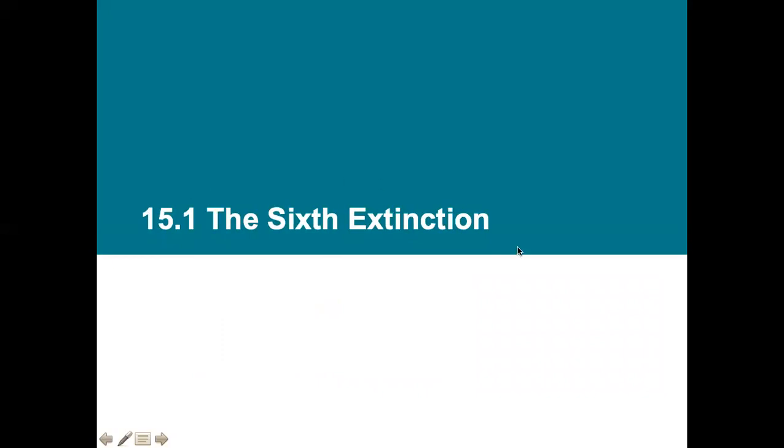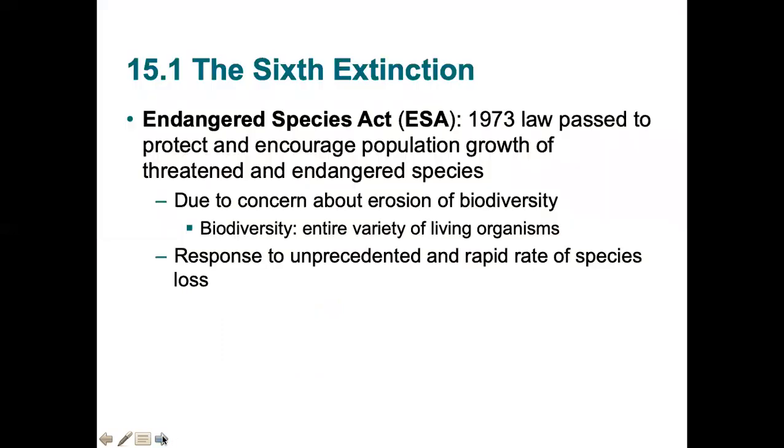Okay, so the sixth extinction. This is the chapter section we're starting with, and we're starting with the sixth extinction and the term the Endangered Species Act. So in 1973, a US law was passed to protect and encourage population growth of threatened and endangered species.